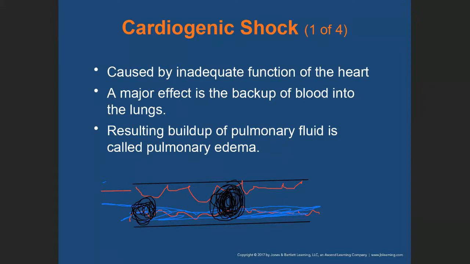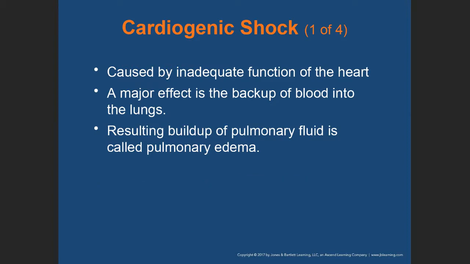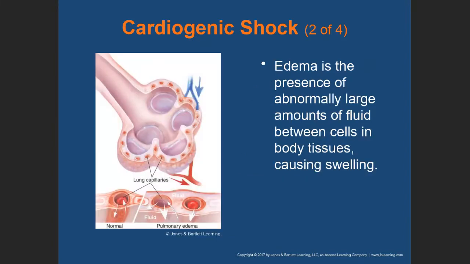That would be congestive heart failure, dominant on the left side. The resulting buildup of pulmonary fluid is called pulmonary edema. Edema is the presence of abnormally large amounts of fluid between the cells in the body tissues, causing swelling.